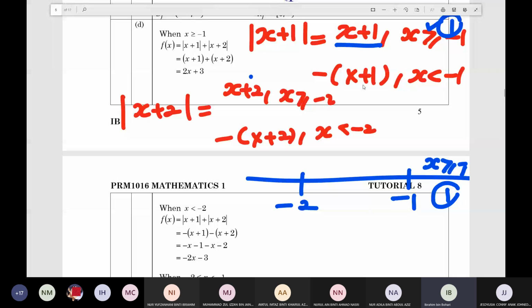Okay, so you combine x plus 1 and positive x plus 2. So fx here equals to the 2x plus 3, and domain here greater than or equals -1. Yeah.